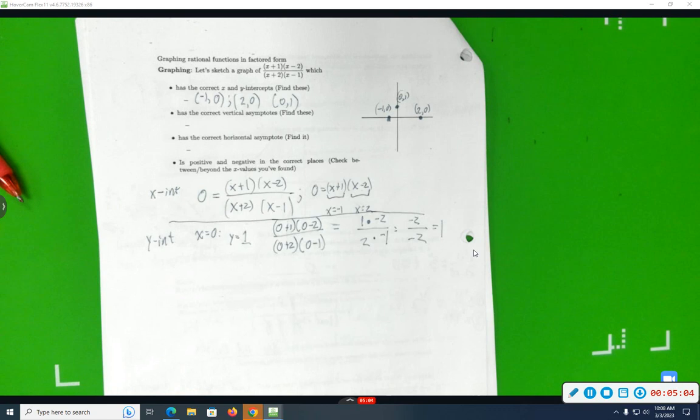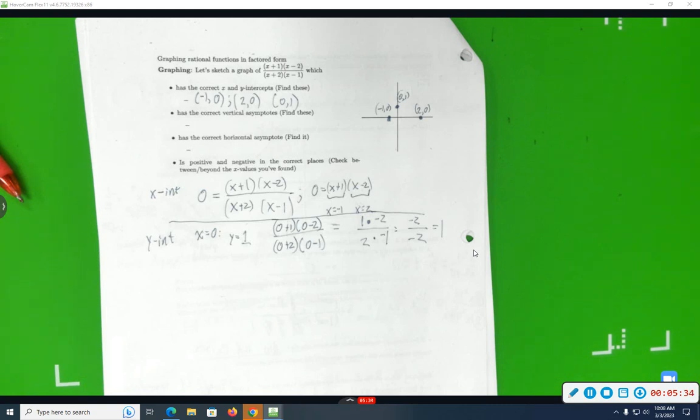All right, vertical asymptotes. How do you find the vertical asymptotes? Recall they occur when you divide by 0.